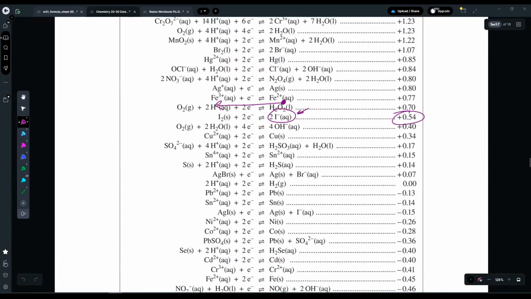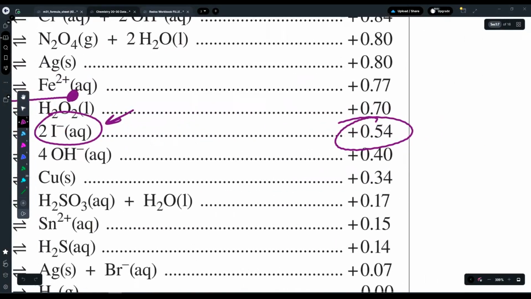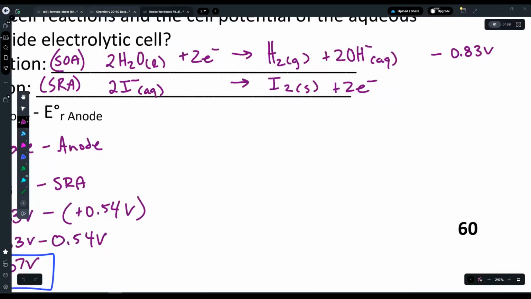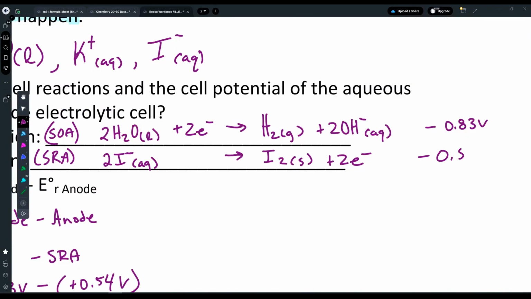So since the reduction value for this reaction is positive 0.54, to get the oxidation electric potential for this reaction, you would flip that positive into a negative. Okay, and then add them up, and you'd still get that negative 1.37 volts. So we'll call this way the non-formula way.